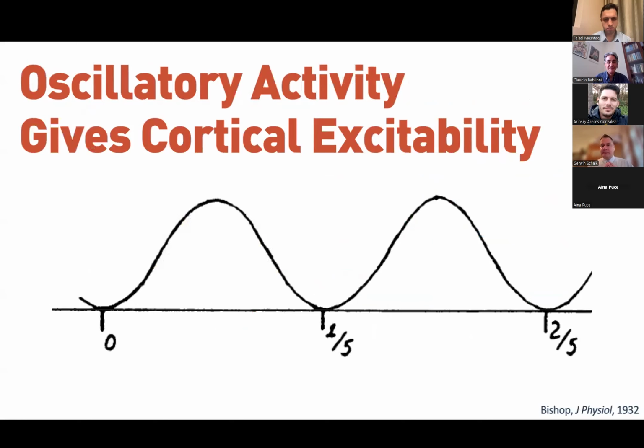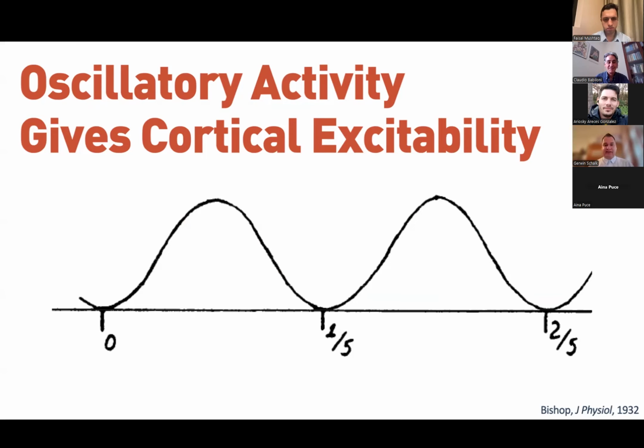Now, it can measure two signals. One is oscillatory activity, which we've heard about a lot. This is low frequency, around 10 hertz or 5 hertz or something, and the same you would see in scalp recorded EEG. What has been known for a long time, actually this is from Bishop 1932, who called it the cortical excitability cycle.